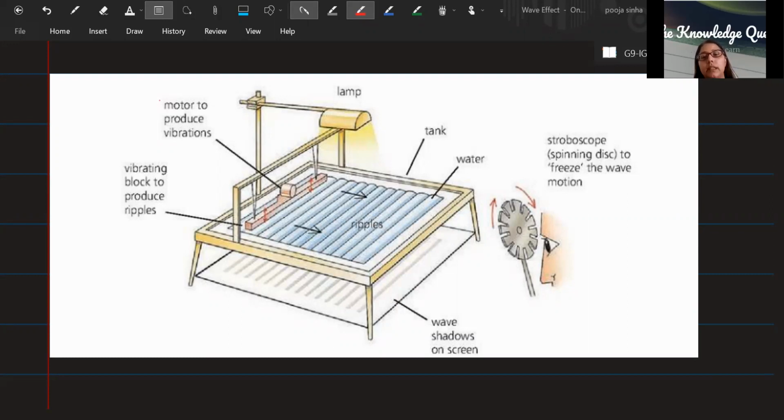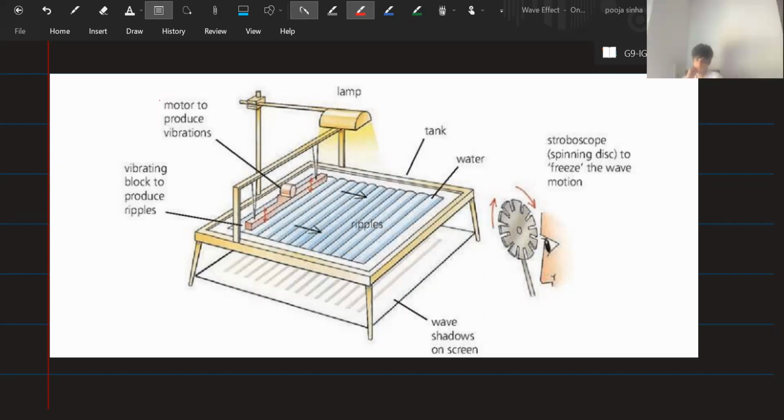That spinning disc is kind of taking pictures to analyze. It freezes the motion for the person, so you are able to observe that motion properly.